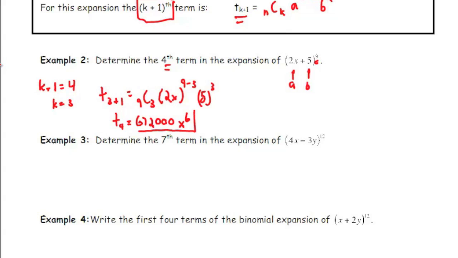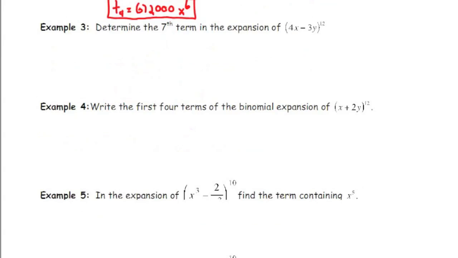Well, that's supposed to be a 1, which means our fourth term is just equal to 672,000 x to the 6th.